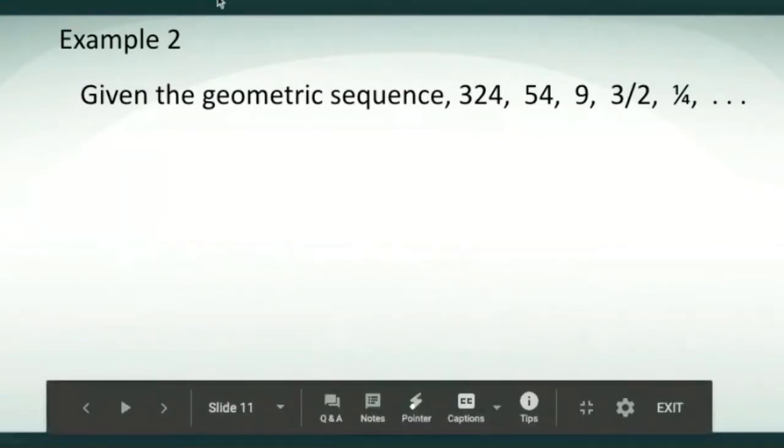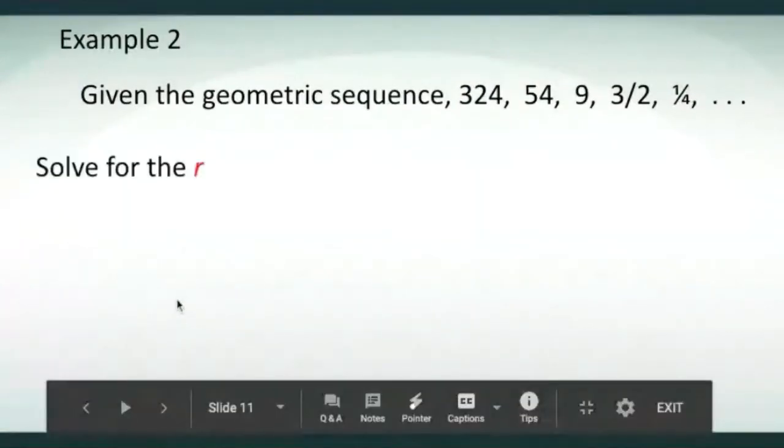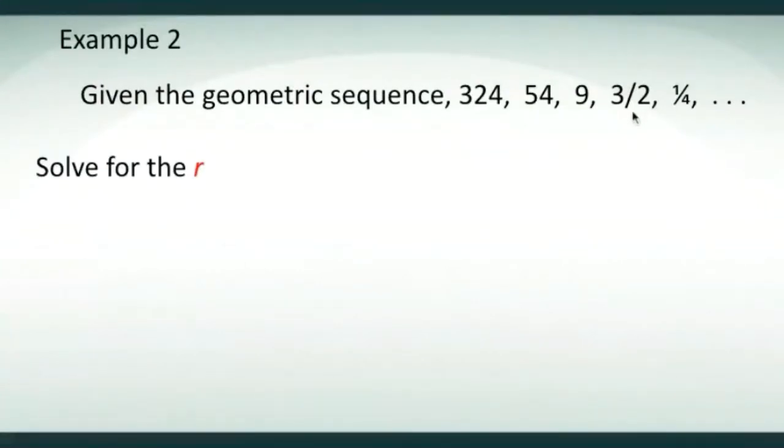Yes, we can still solve. Now let's just solve for r. Let's start with 3/2 divided by 9. Now, how are we going to divide a fraction by a whole number? Can you still remember how? What are we going to do first?